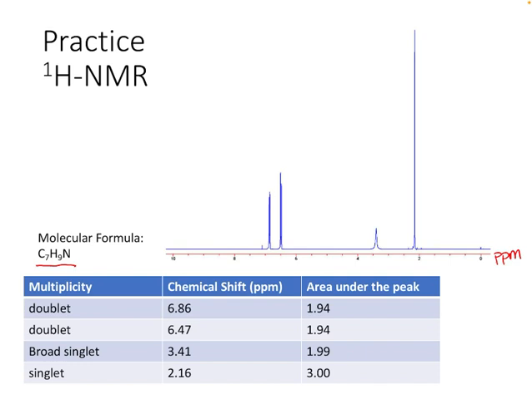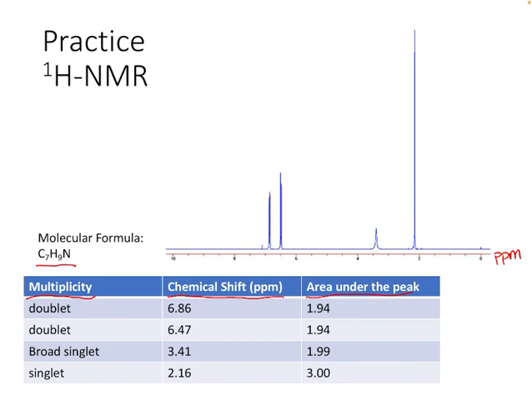Underneath our NMR spectrum, we're given some information. We're told the exact chemical shift for each signal. We're also told the multiplicity, so that might tell us a bit about how many neighboring protons something has. And then we're also told the area under the peak, so we can get a relative idea of the amounts of each unique proton.